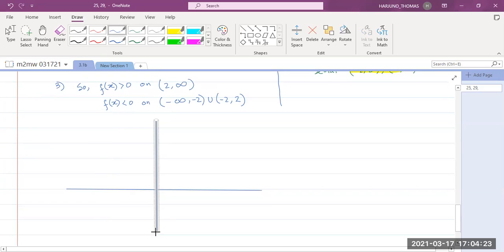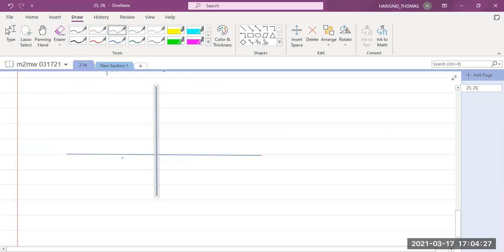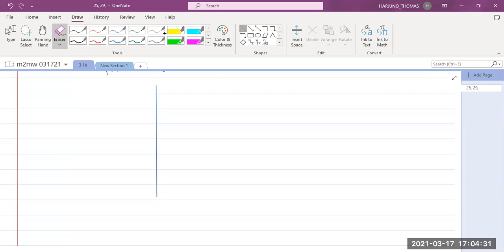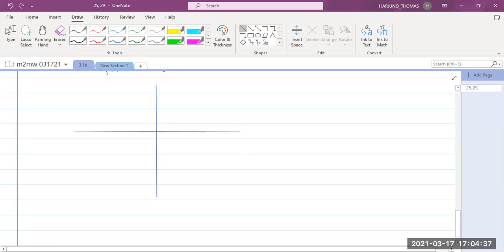Actually, no, we have the y-intercept, which is -8, so let me draw it this way instead. So the y-intercept is (0, -8). X-intercepts are (-2, 0) and (2, 0).